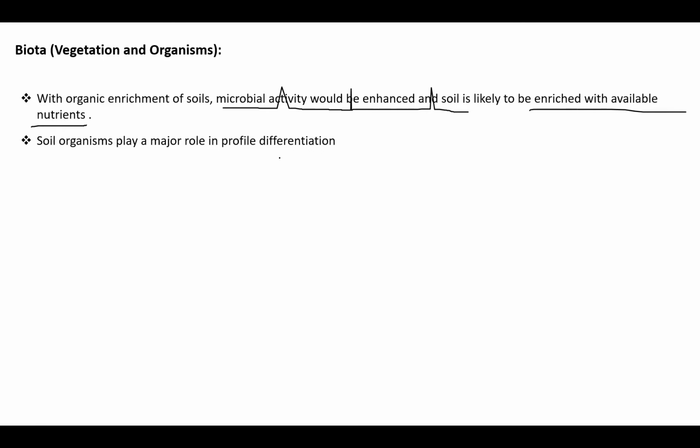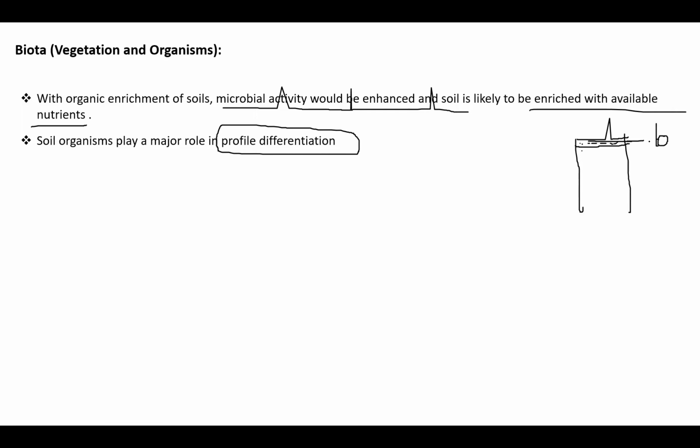And soil organisms also play a major role in profile differentiation. For example, imagine a profile. If the top layer has more decomposed organic matter, what will happen? This entire zone is called the O horizon.